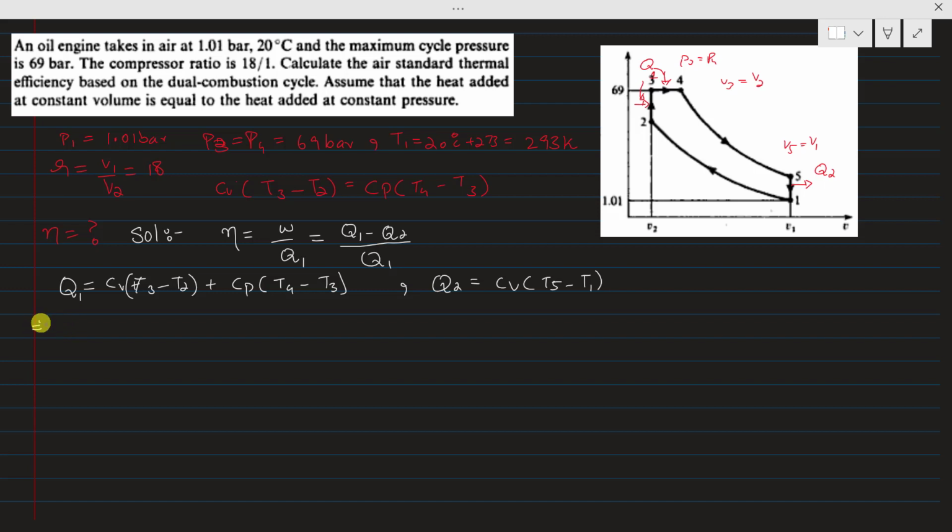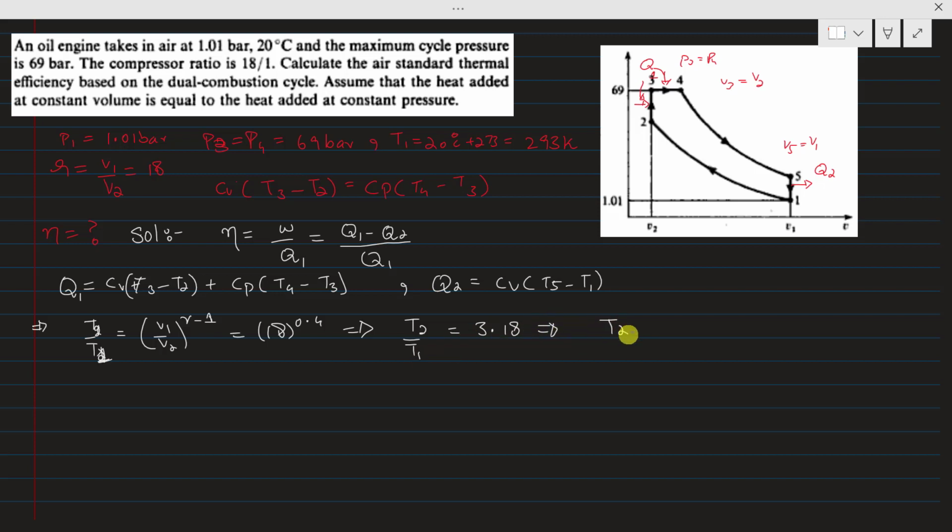Let's move forward. T2 divided by T1, maximum temperature to minimum temperature, is equal to (V1 by V2) to the power gamma minus 1, that is 18 to the power 0.4. Volume has an inverse relation with temperature. Simplifying that on the calculator you will get 3.18.